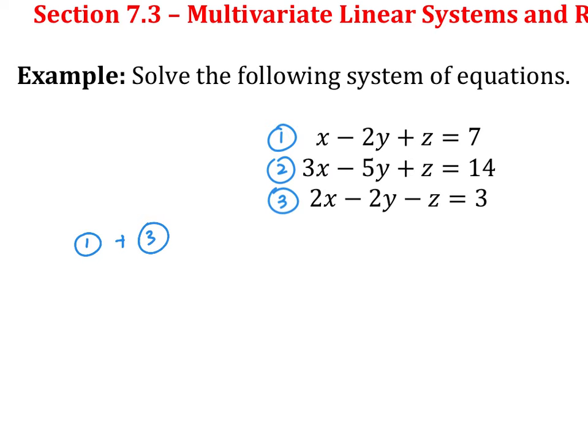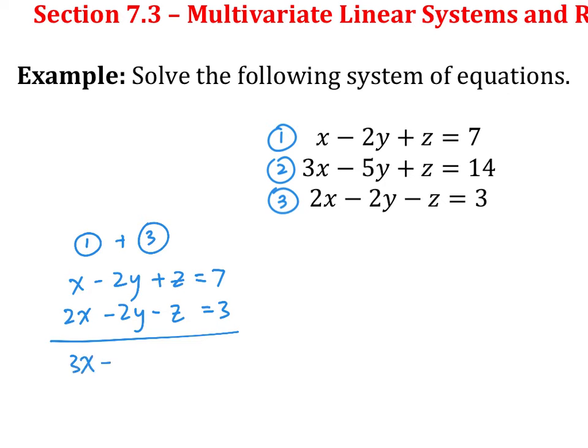I'm going to add 1 and 3 together because the z's in those two equations have opposite signs. If I add them, I would be able to eliminate them. All right, adding them together, 3x minus 4y equals 10.